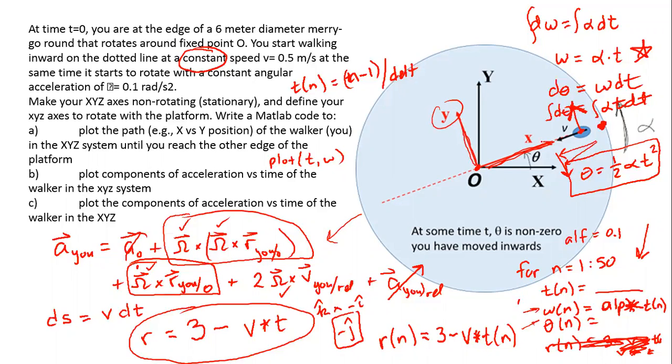Once I get that, I just have to say, how much of that is in the capital X? That was cosine theta. And how much is in the capital Y? That's going to be a sine theta. And then we look at it from here to here. Do you guys remember us doing that? Yeah. So in the capital Y, how much of this is in the capital Y?